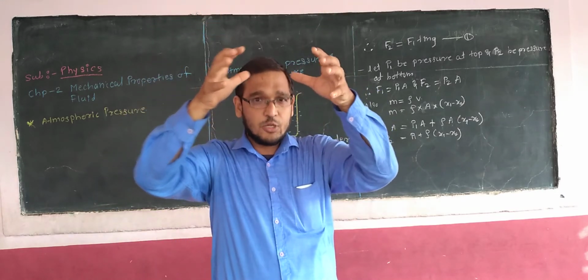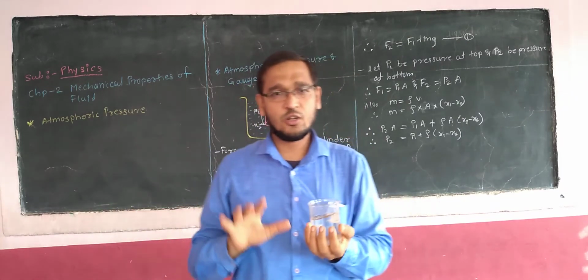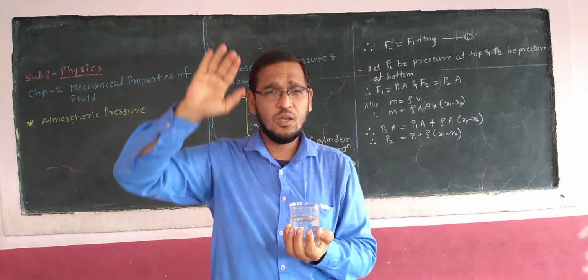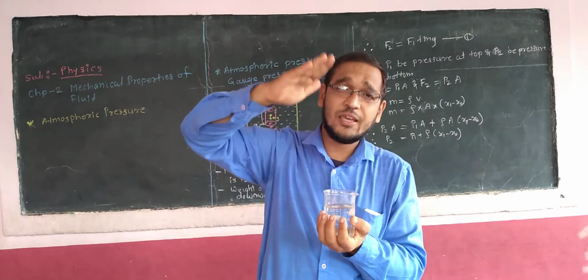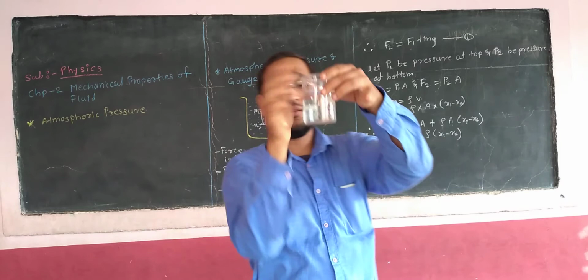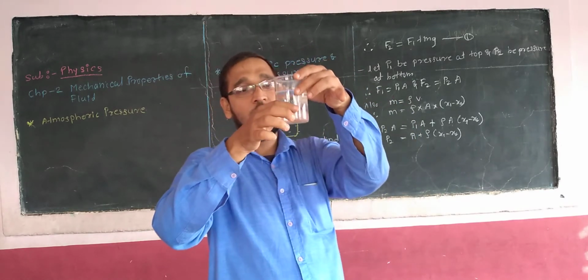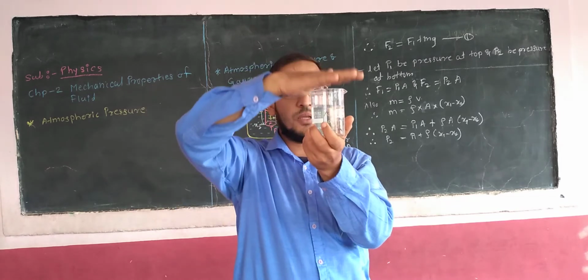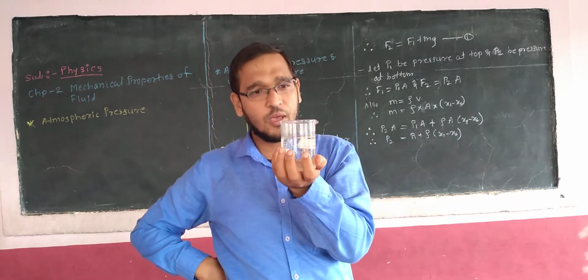First we will understand what pressure is. By definition, pressure is the force acting per unit cross-sectional area of a body. This is the cross-sectional area of this beaker, and inside the beaker there is a certain volume of water.